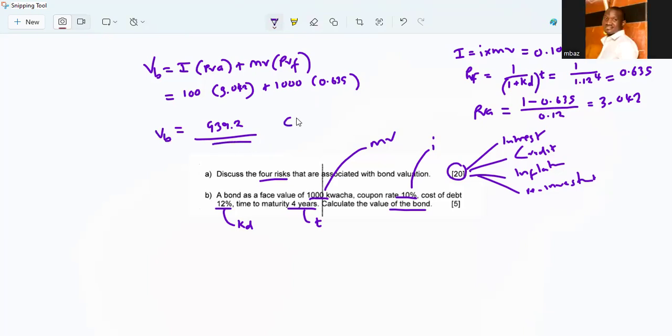So how do you find the current yield? It's the coupon value over the value of the bond times 100.